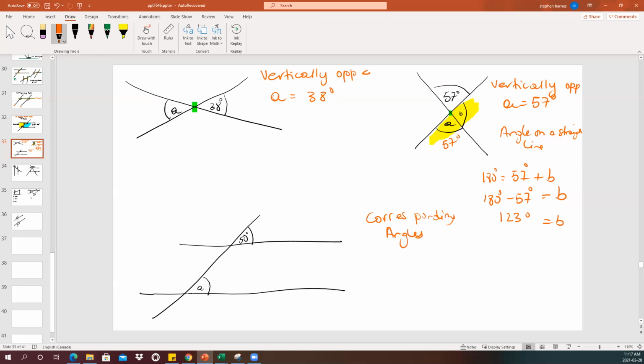Corresponding angles are equal. So we see we have our transversal line here, and we have both parallel lines. And again, A is on the right of this parallel line, and the 50 degrees is on the right of the other one. So they're corresponding angles. So A is equal to 50 degrees.